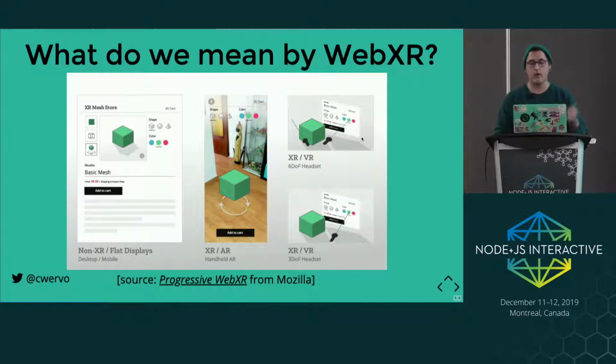When we talk about VR, it's basically all of that minus the camera and minus the real world. While these look like really disparate use cases, under the hood they can be unified, and that's what the WebXR API is trying to do.